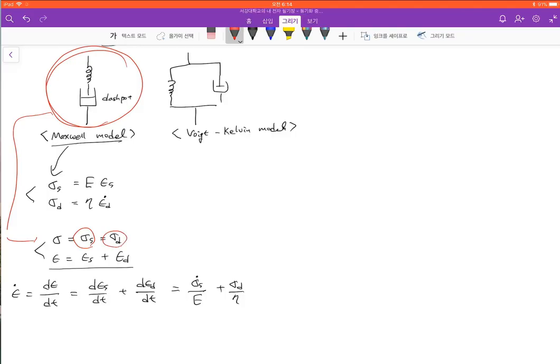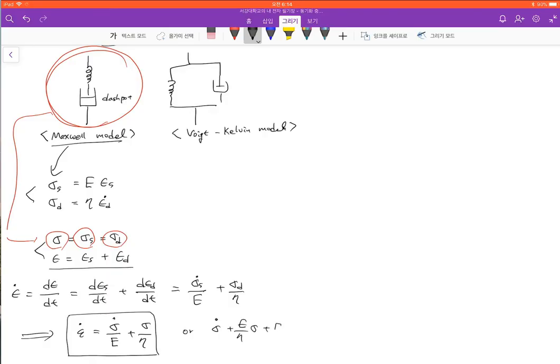And since sigma_s and sigma_d are all the same as sigma, what you get is epsilon dot is equal to sigma dot over E plus sigma over eta. So we have the constitutive equation for the Maxwell model, or we can rearrange this and express it in terms of sigma dot.